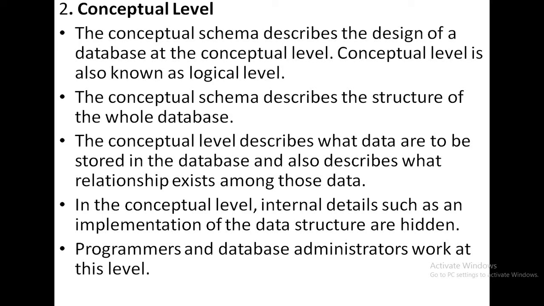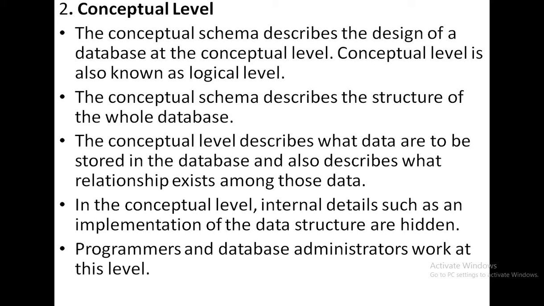So, in the conceptual level, we are using concepts by which we can store different types of data inside our database system, and by implementing some concepts we can create the relationships between the data. Three types of relationships are there: one to one, one to many, many to one, and many to many.